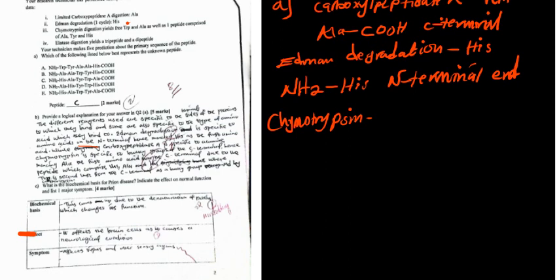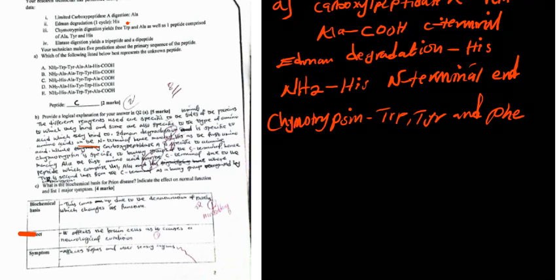The aromatic amino acids are tryptophan, TRP, tyrosine, TYR, and phenylalanine, which are abbreviated like this. So chymotrypsin cuts after these amino acids, which are aromatic. In short, they have a ring.